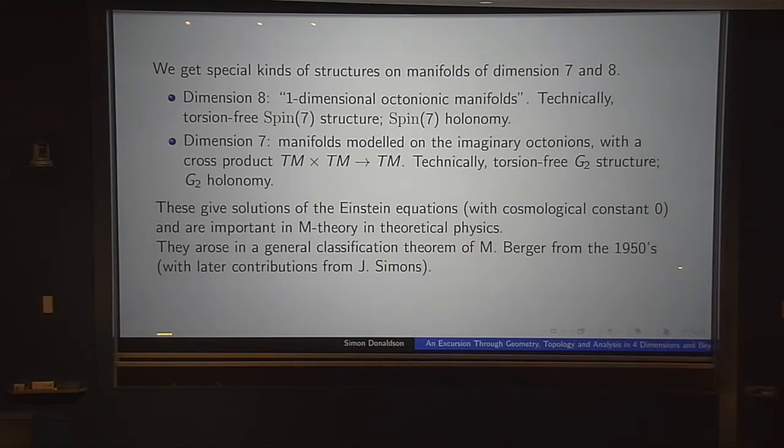So these are both interesting structures to study. They both give solutions of the Einstein equations. They're important in what's called M theory in theoretical physics. They first arose in mathematics really as part of a general classification theorem of Marcel Berger in the 1950s, studying, roughly speaking, all possible structures that one could sensibly investigate on a manifold.